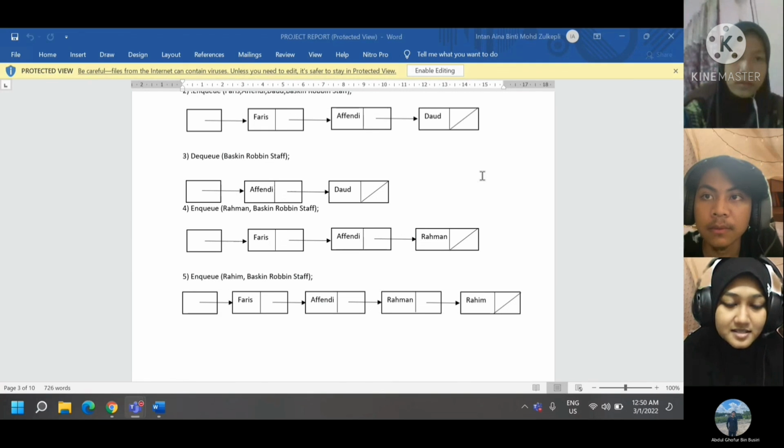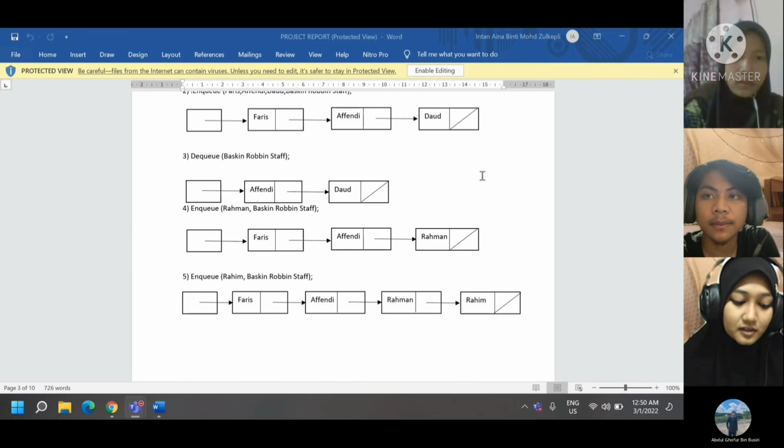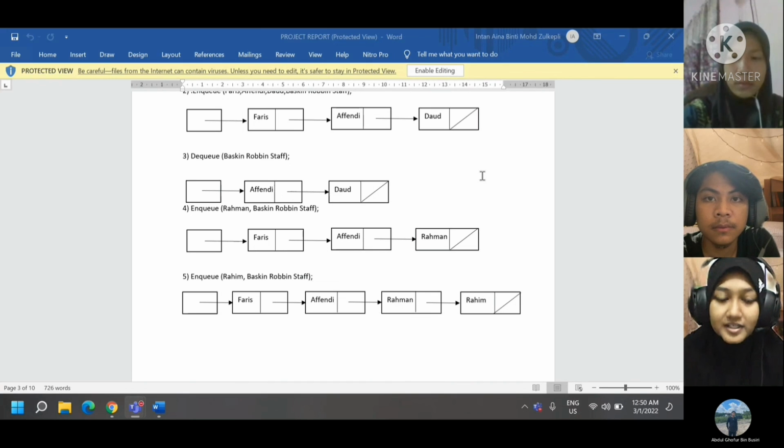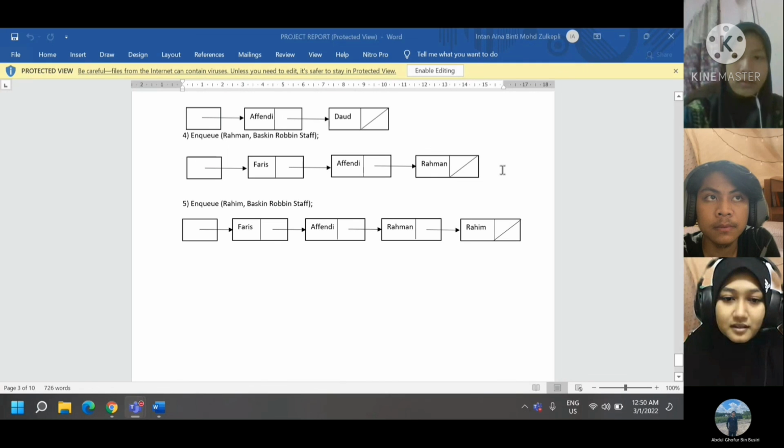And last is enqueue Rahim, Baskin Robbins staff. Rahim has to wait for Rahman to order the food. So the last queue linked list will become like this.